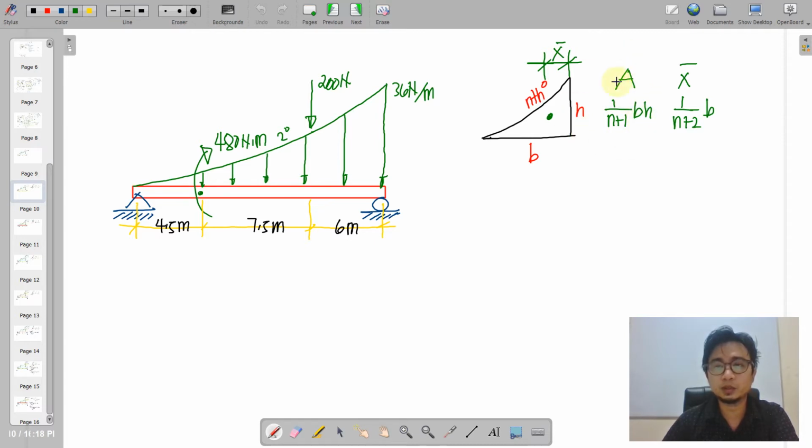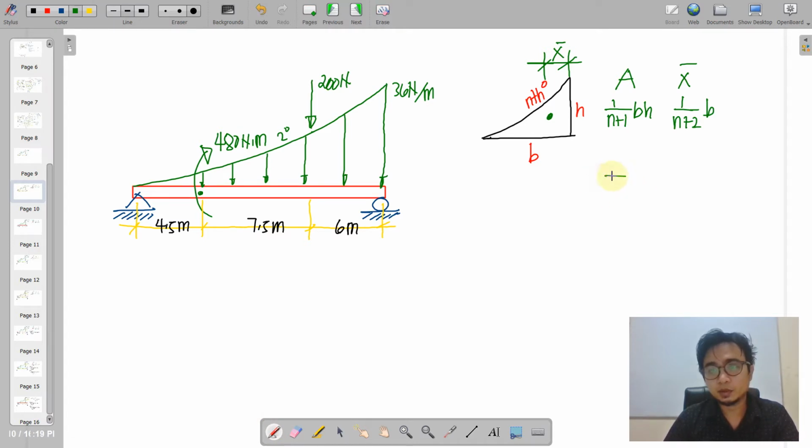It will yield the formula of the triangle, and then x bar as well. So if n is 1, then we have here 1/3 of the base, which is actually the location of the centroid of the triangle. So anyway, this is the general formula you need to remember.